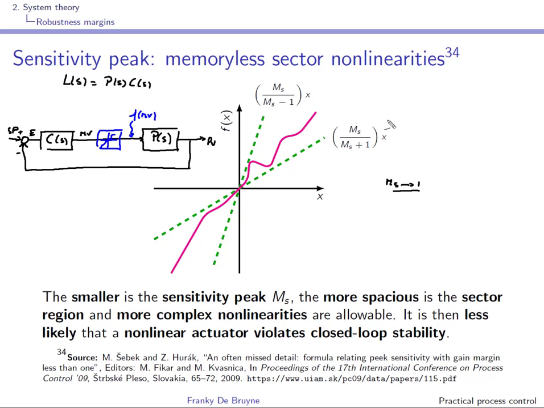Now if the peak sensitivity becomes very large, so MS tends to infinity, these two lines will come closer and closer to one another until you just have the line x over here, right? So the higher the peak sensitivity, the more problems you have with sector nonlinearities. So this peak sensitivity is indeed related to robustness to sector nonlinearities.